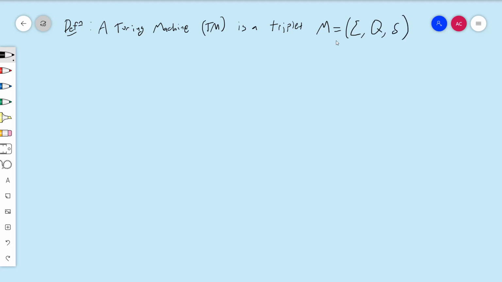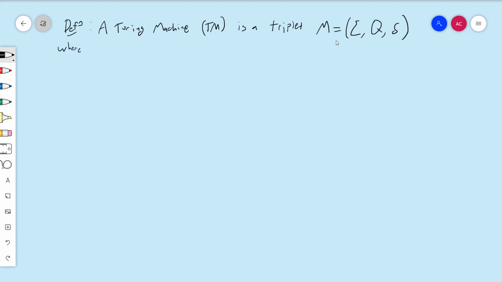Definition. A Turing machine, which I'm going to often abbreviate TM, is a triplet of objects: a set sigma, which is an alphabet, a set of states, and a transition function.